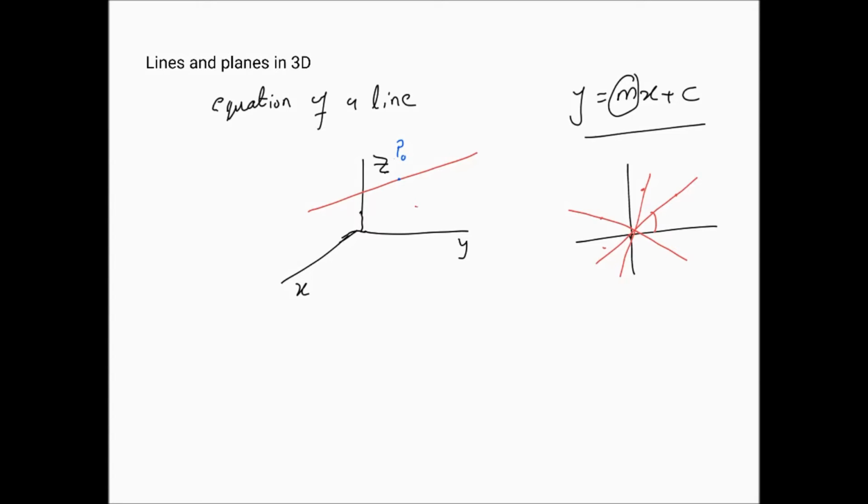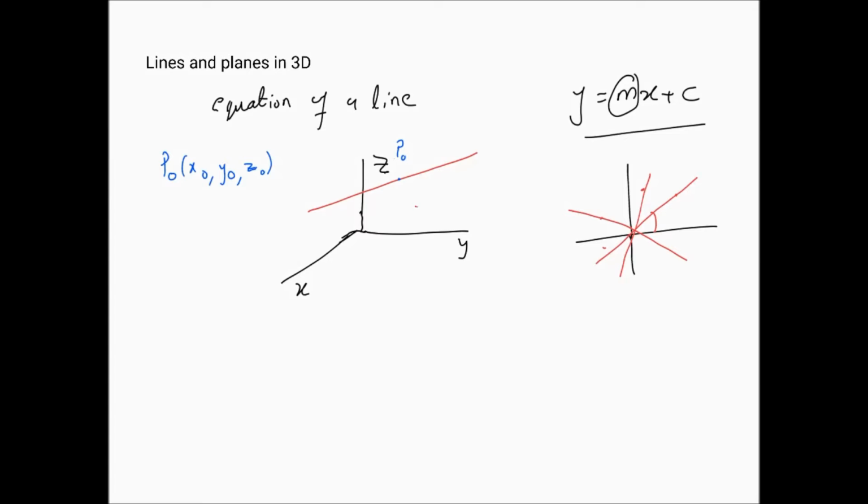P0 has coordinates x0, y0, and z0. Now, not only is this a point on the line, but it is also a vector. I'll come to that in a second, but before that, let me go back to this slope idea.